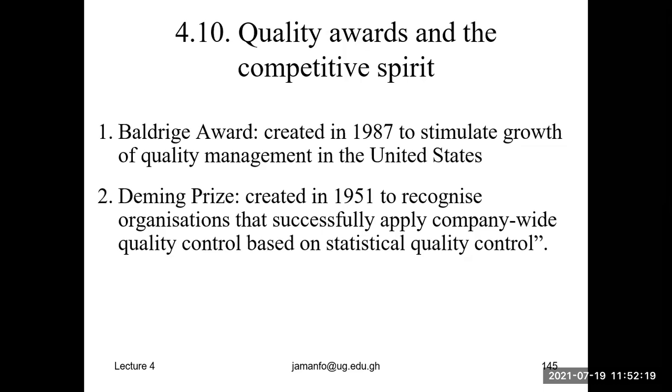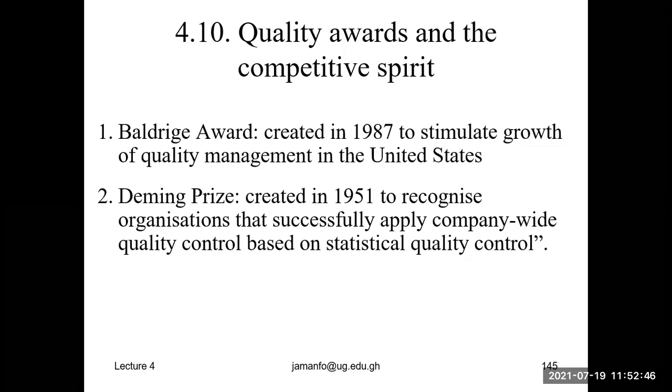You see? So as a nation, I doubt if we have something like this. And in Japan, it's a prestige to win the Deming Prize, because then the nation is recognizing you for some huge quality effort. So every company would want to achieve that prize. They work towards it and consistently improve their quality.